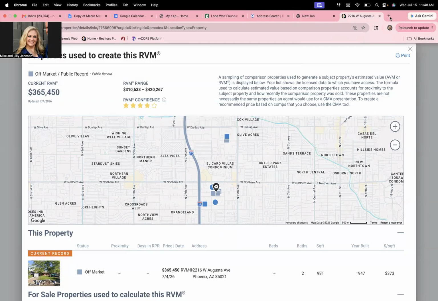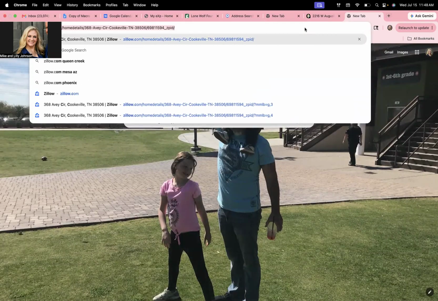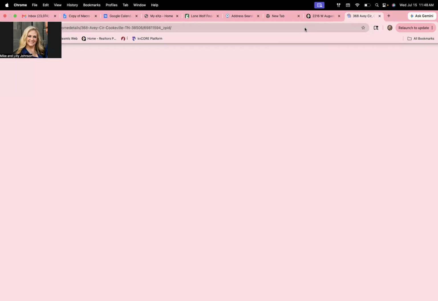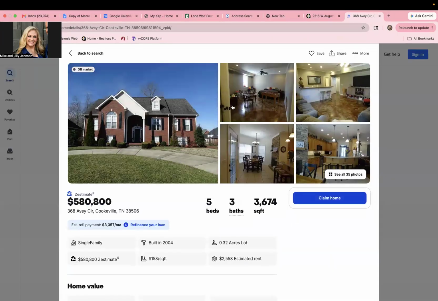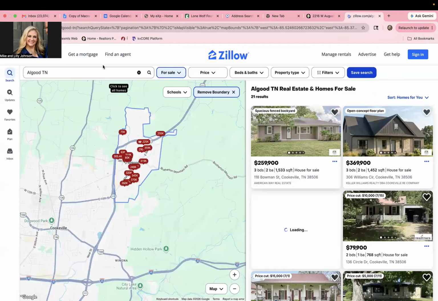I'm also just going to pop over here, and I'm just curious if Zillow is going to be any different.